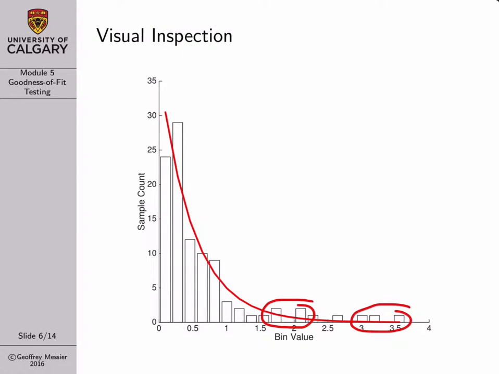Even here, this first bin is quite a bit lower than the second bin. Does that perhaps suggest that the distribution might have a steep decline as it approaches the y-axis? In this particular case, we're not sure. Visual inspection can't definitively say whether this is a good fit or not.